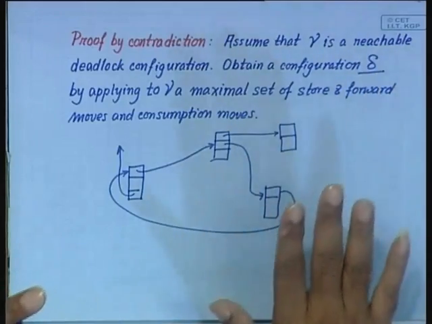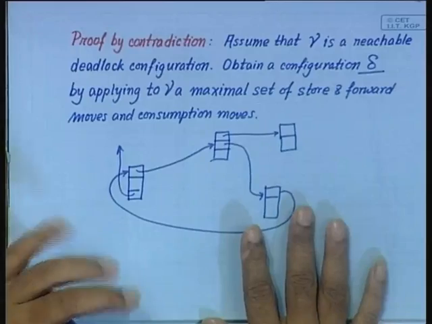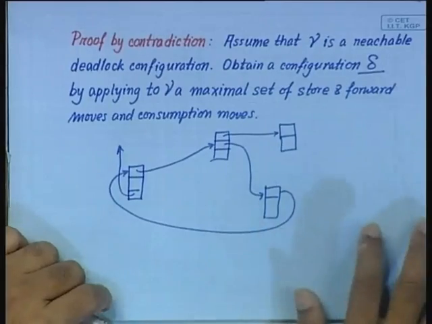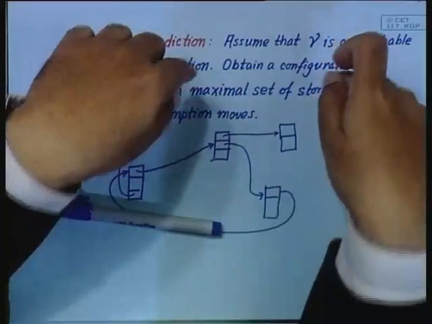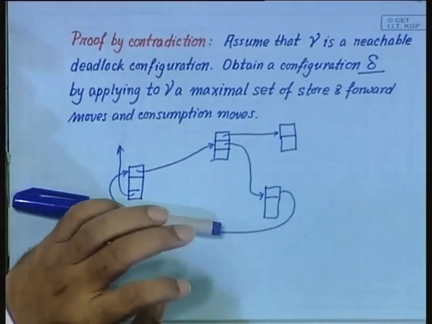Is it clear what is gamma and what is delta? You can always reach delta, because after reaching gamma there are still some moves which are allowed. There are no new generations. From gamma we obtain delta by only allowing a set of store and forward and consumption moves.